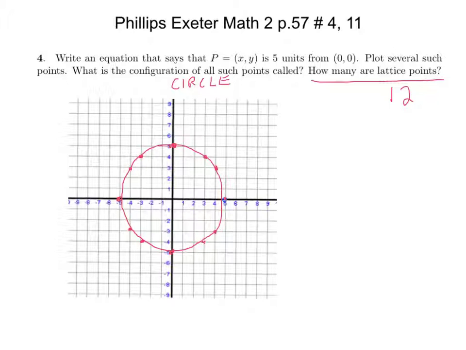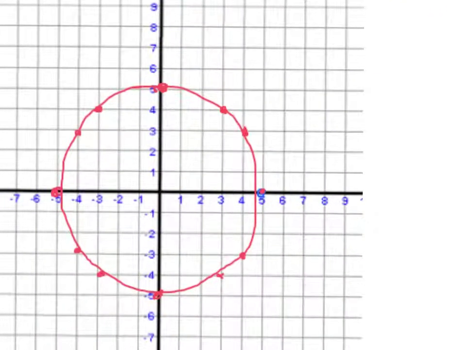Now we talked about last week that if I was going to say, let's zoom in on the circle a little bit, and I want to find this equation from here to here, that we could use a distance formula.